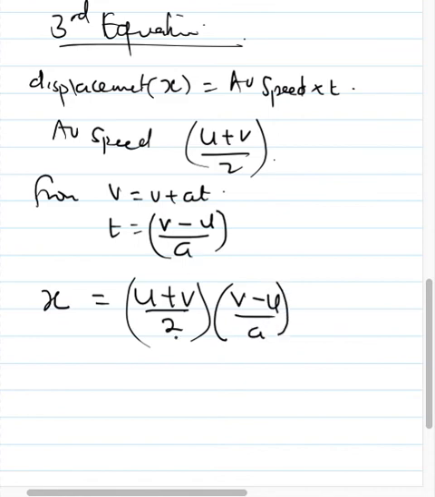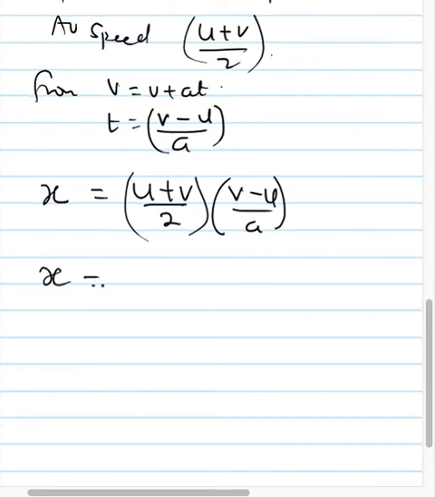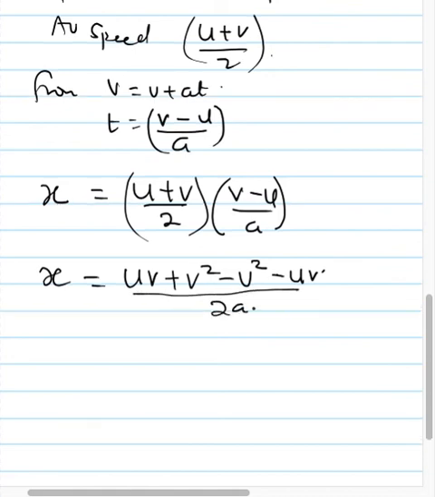Let's simplify this. So x will be, multiplying this out, uv plus v squared minus u squared minus uv, all over 2a.